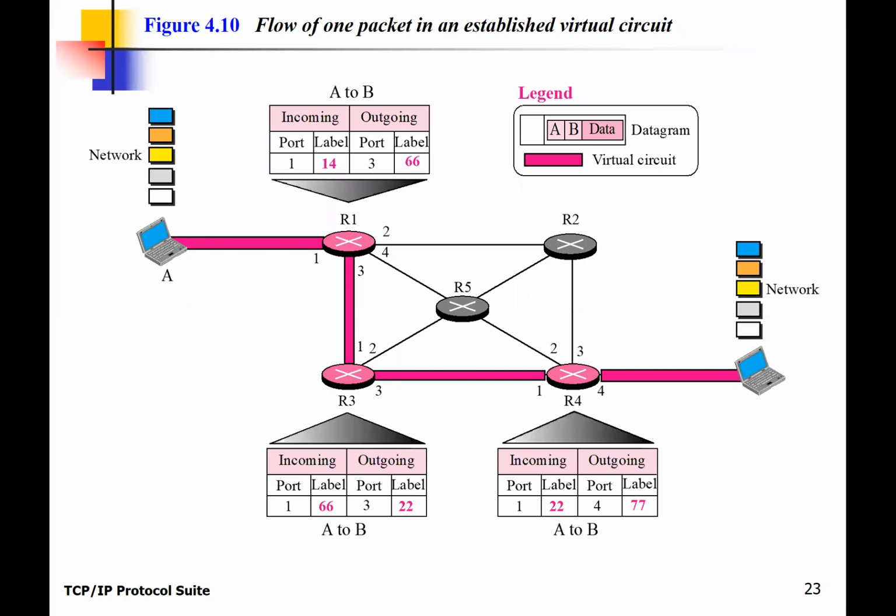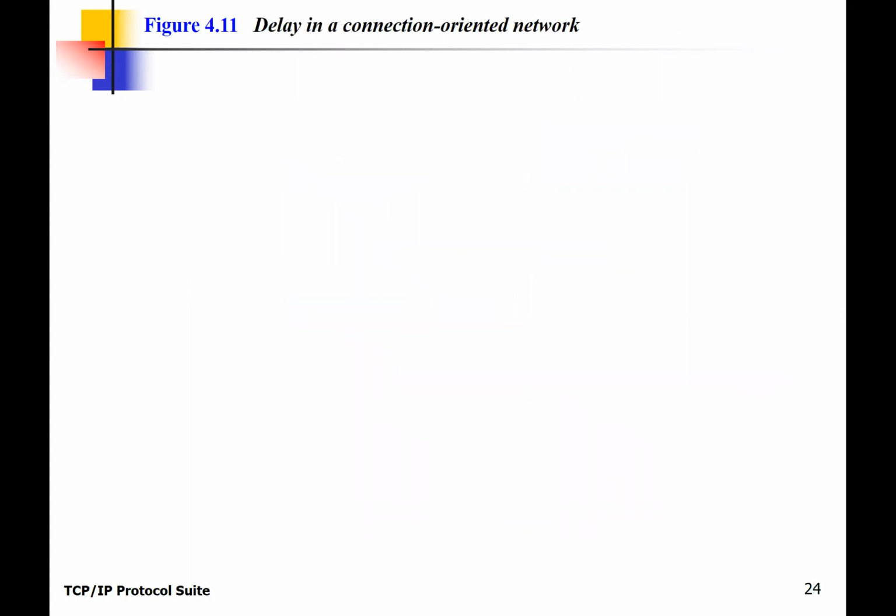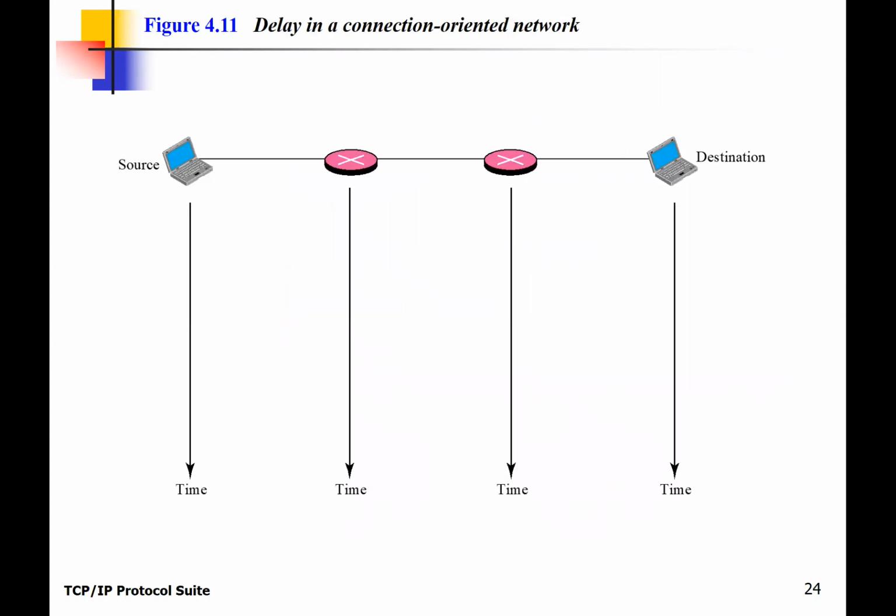So, similar thing. We replace the label with 22, then send it to the next hop. R4 will receive it and will know I have to add 77. I know 77 is the destination.